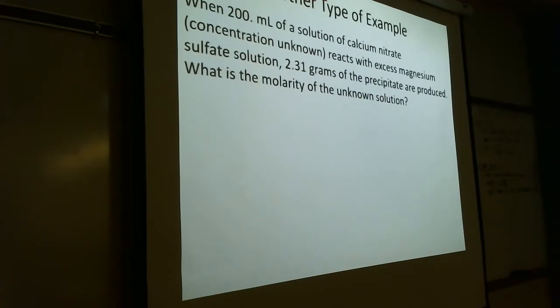Someone was lazy and didn't write the label. It doesn't have the molarity on it, and it reacts with excess magnesium sulfate. Excess means this is not a limiting reagent kind of problem yet, right? We'll get to that next time. 2.31 grams of the precipitate are produced. What's the molarity of the unknown?